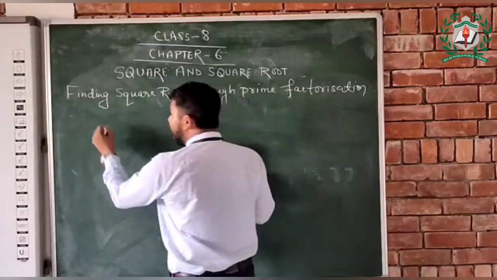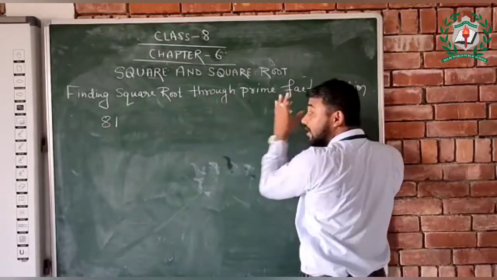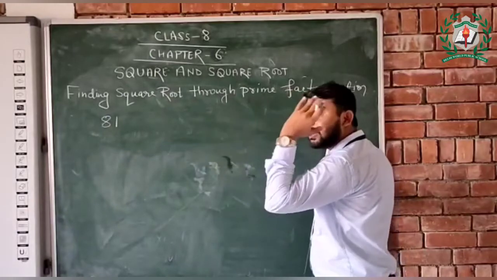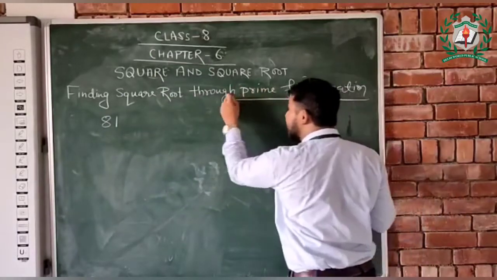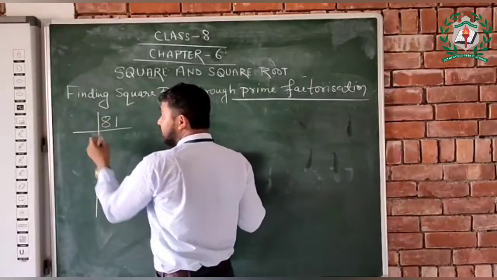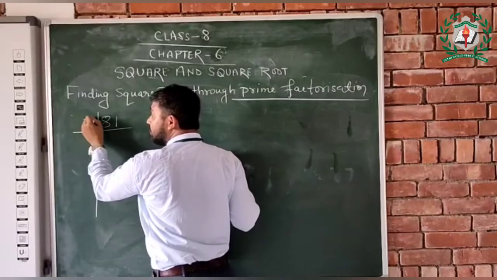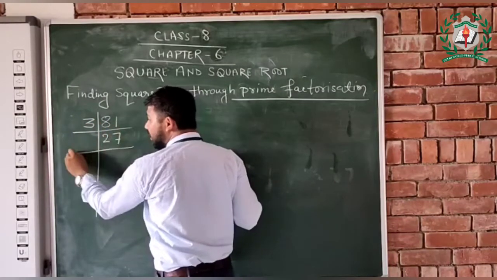If you want to find the square root of 81 by prime factorization, what will you do? Factor 81. It comes in the table of 3.